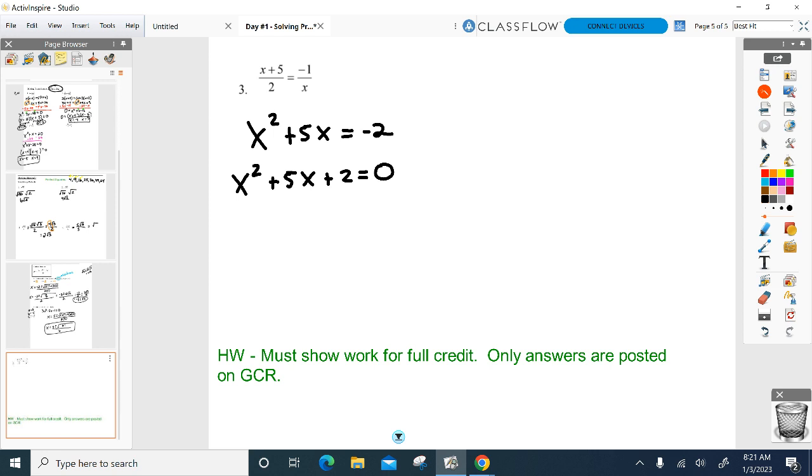And let me stop you here real quick. I still want you to think about factoring it. Don't forget about factoring. There's a 1 out in front.